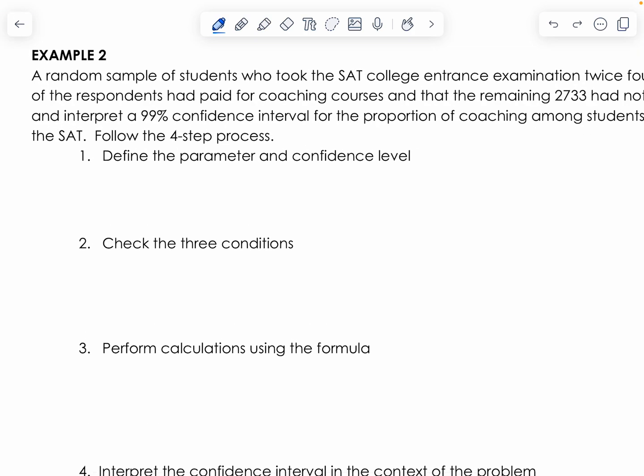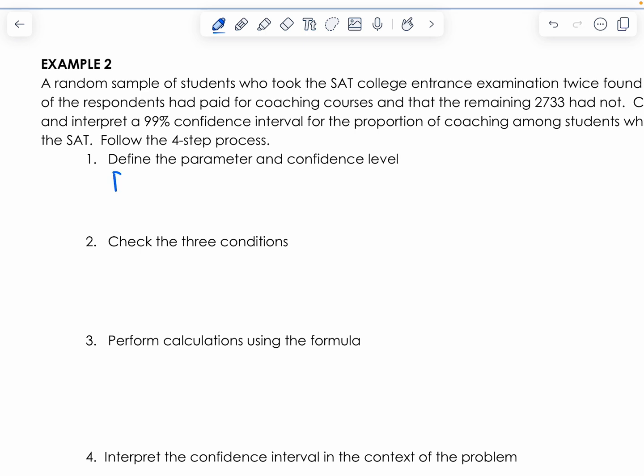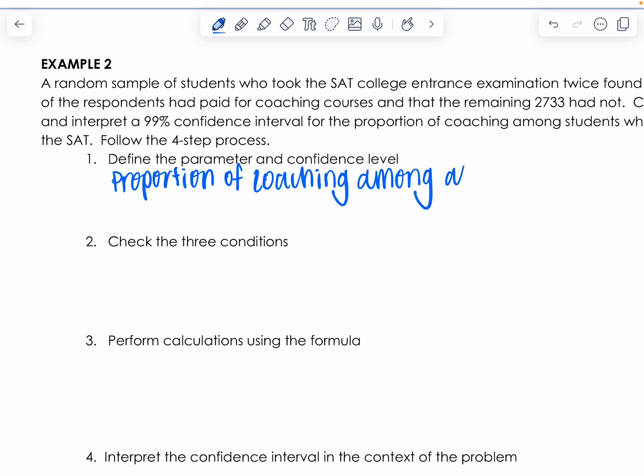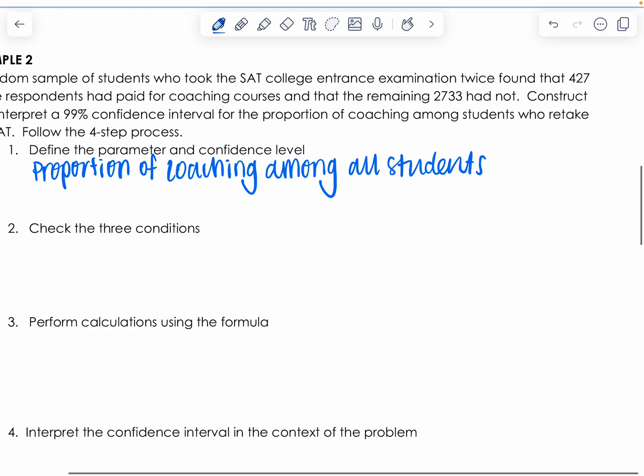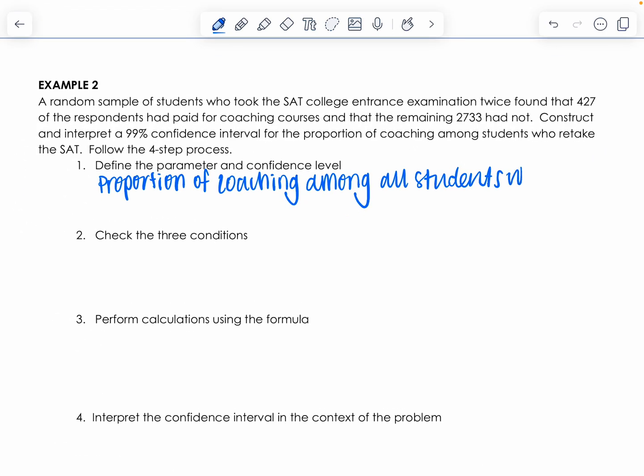So we are attempting to estimate the proportion or percent of coaching among all students who retake the SAT. Oops, sorry, guys. And we're going to do that using the 99% confidence level.